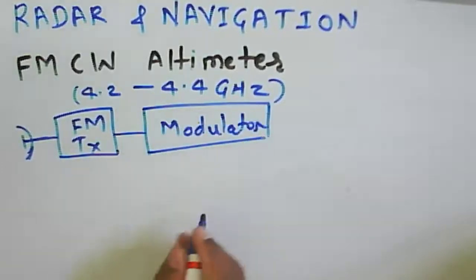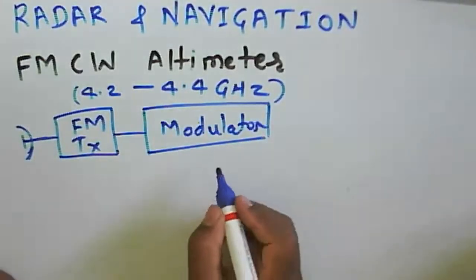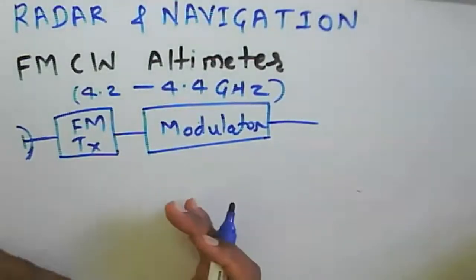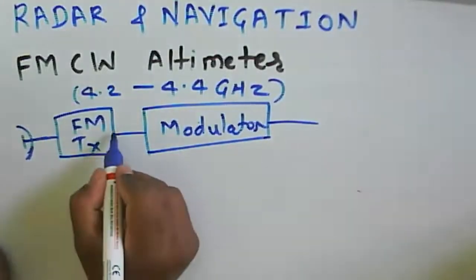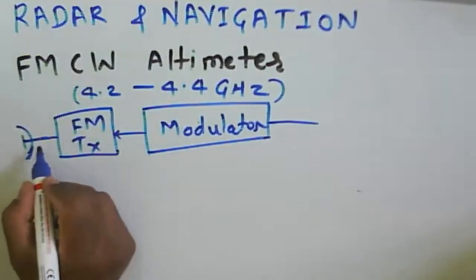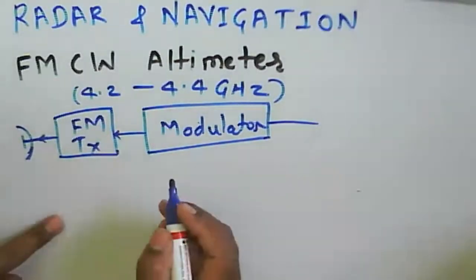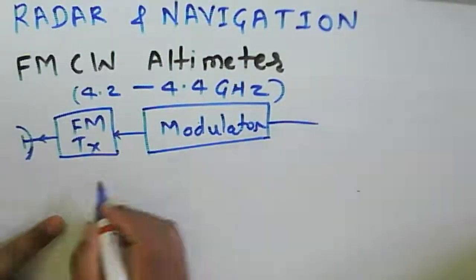And then at the receiver, we are supposed to provide the timing, because at what time that signal is supposed to be transmitted. So we should provide the timing information or a timing signal.